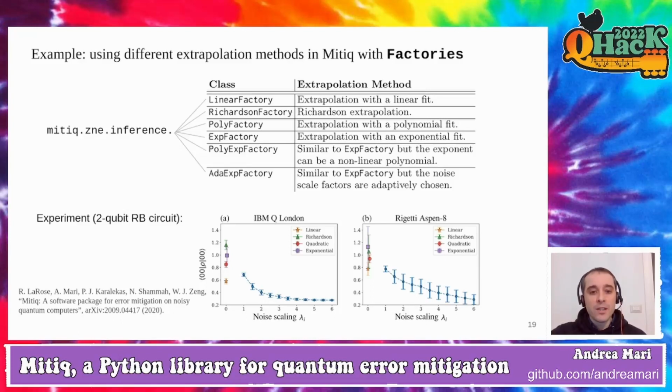The sampling cost to achieve a given amount of accuracy increases. There are rigorous ways to estimate this sampling cost. Without going into the details, a simple way is to look at the coefficients related to the linear combination of expectation values that gives you the ideal expectation value.